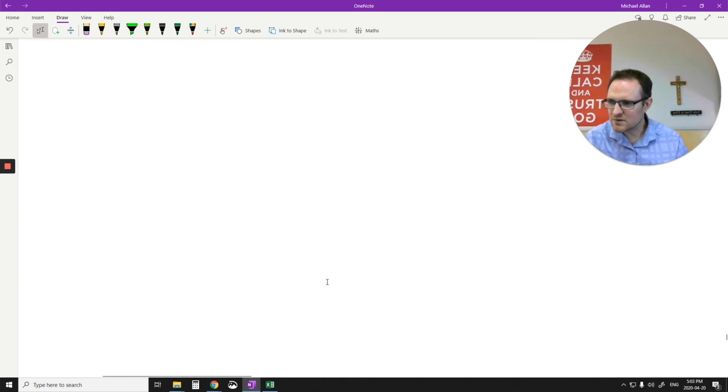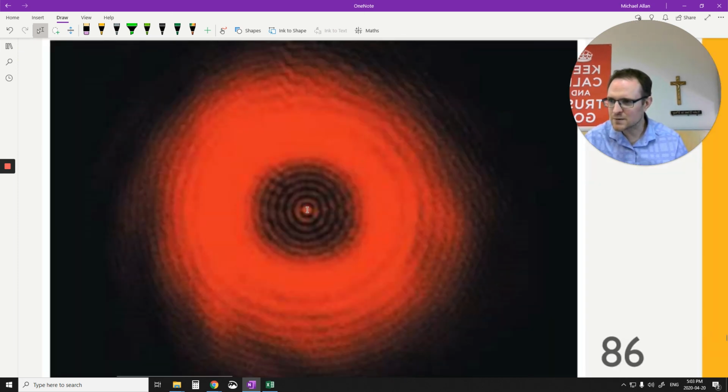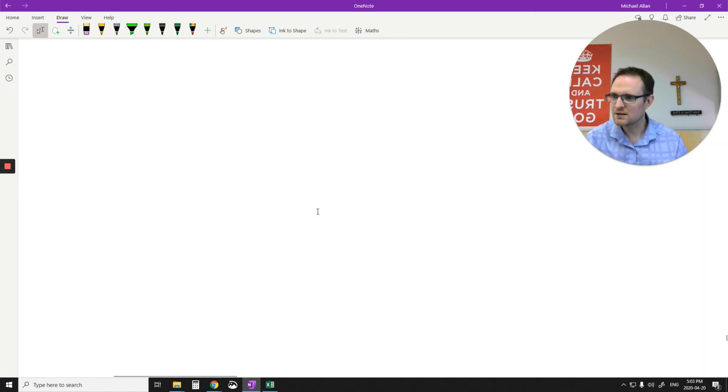If I zoom in here, you can see they got this bright spot right in the middle where the disk would be. So the disk would be right here where the dark starts. And then you got this interference pattern all the way down, bright spot, antinode, node, antinode, and then you get all the way down to the central antinode right in the middle there. So Poisson did the same experiment, but he just did it with a disk instead.